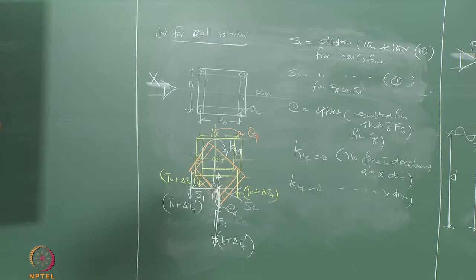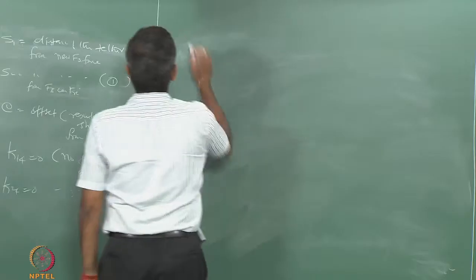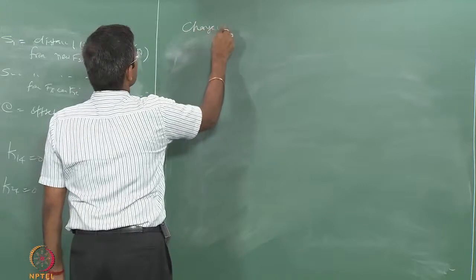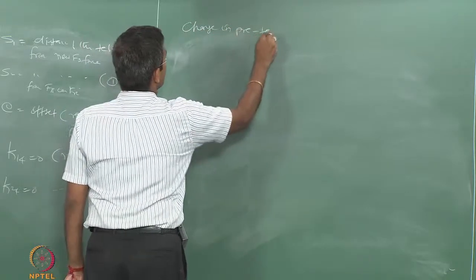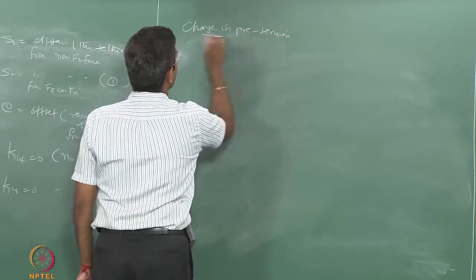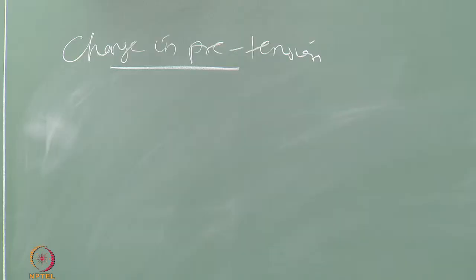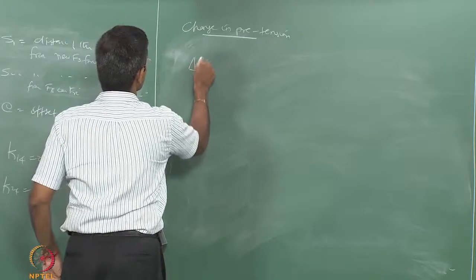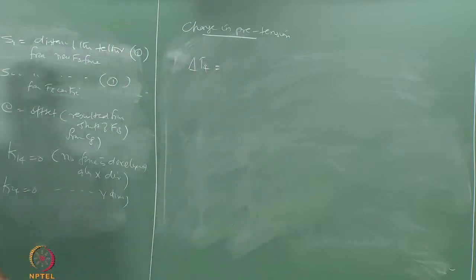Now let us see what is the change in pretension. The change in pretension, delta T4. I am talking about delta T4, which is the change in pretension caused because of the roll.